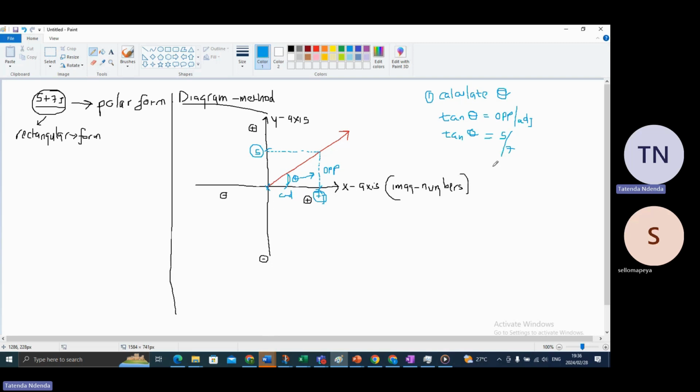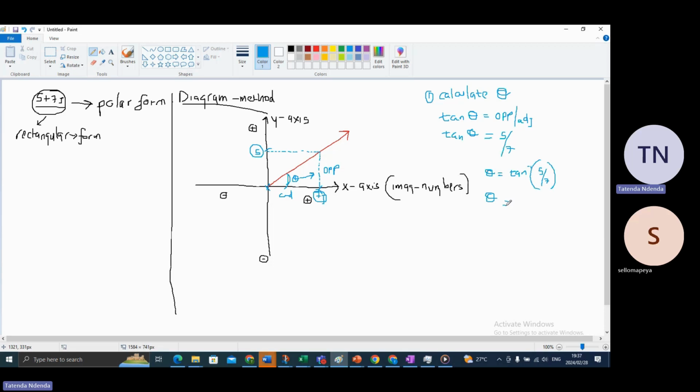So now to get the angle theta, we're going to use the formula. Theta is equal to tan inverse of open bracket 5 over 7, like this. Meaning that now our theta, if you punch it into our calculators, I still remember showing you guys how we do that with the calculator.